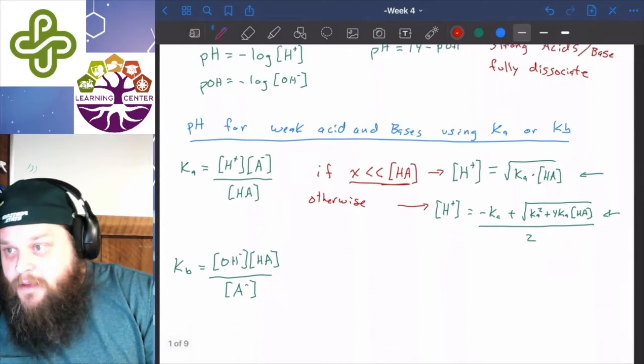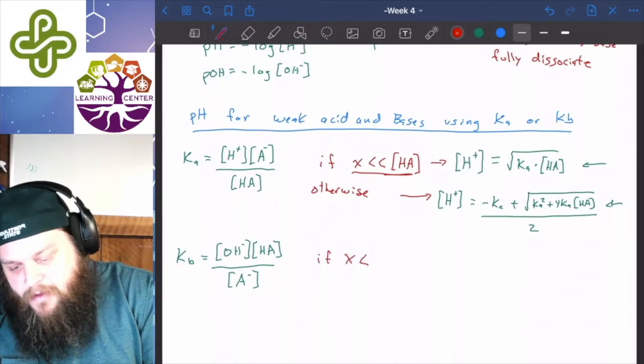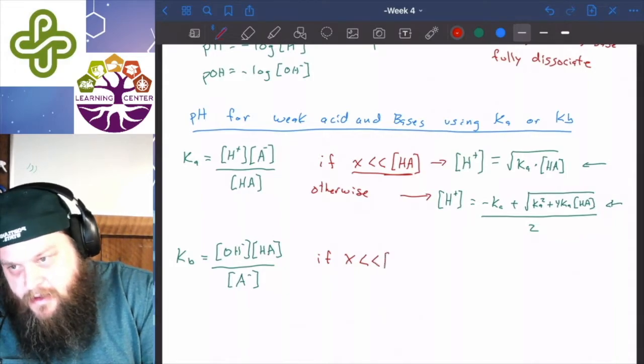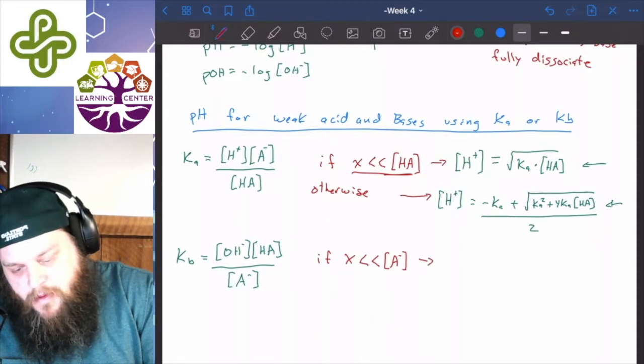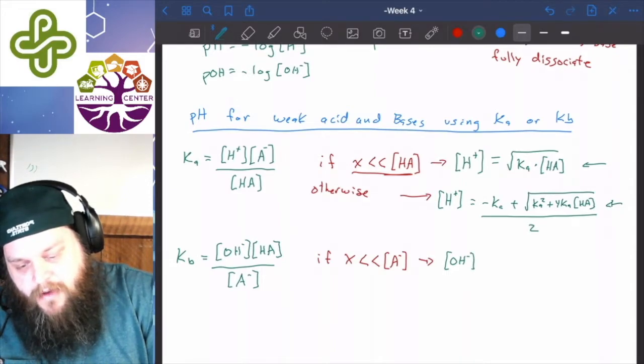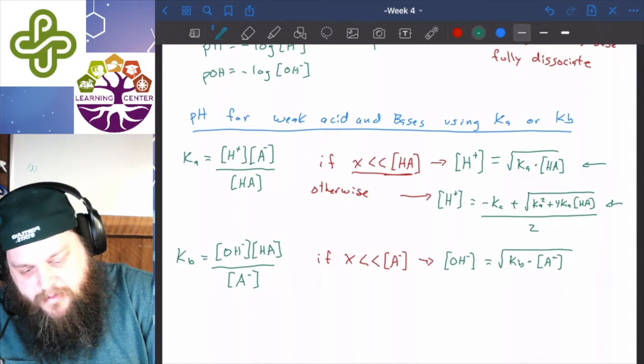And the same goes for this: if that x value, that change, is much, much less than the concentration of the base at equilibrium, we can simplify and find that the concentration of hydroxide is equal to the square root of Kb times the concentration of our base, A minus.